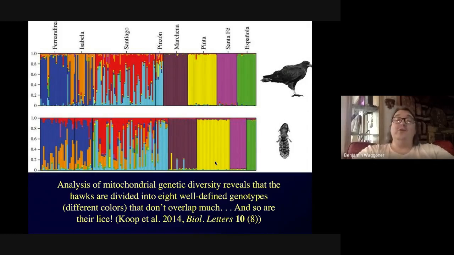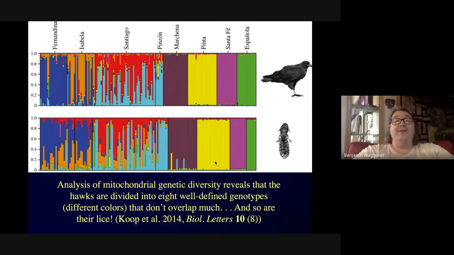And the really cool thing is if you look at the diagrams below it, almost exactly the same thing is true for lice DNA. Not only are the Pinta Galapagos hawks very distinctive in the particular set of alleles that they've got, the lice of the Pinta hawks are also very distinctive for the alleles that they've got. And the same for Marchena and Santa Fe and Española.